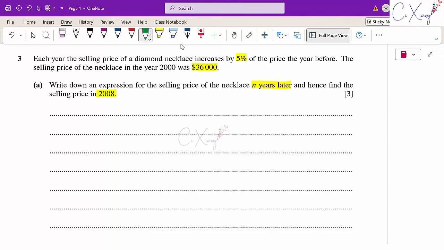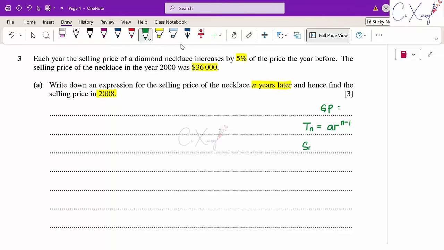Okay, so let us recall some useful formulas for geometric progression. When they are talking about the nth term in a geometric progression, the general formula is ar power n minus 1, where a is the first term, r is the common ratio, and n is the nth term that we are looking for.